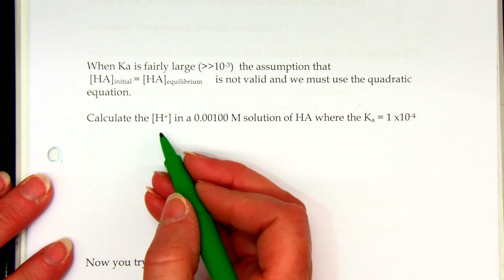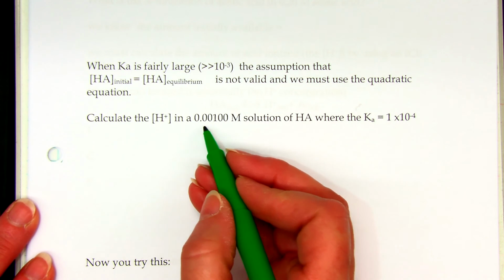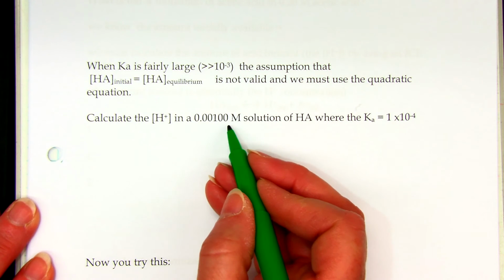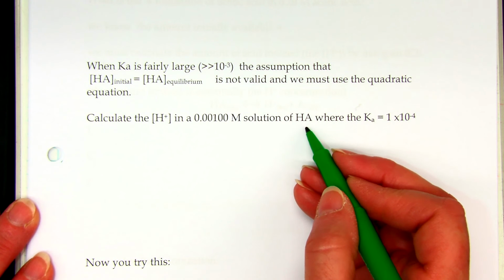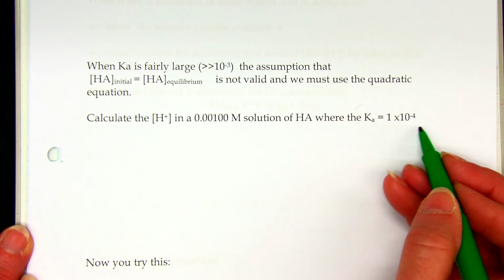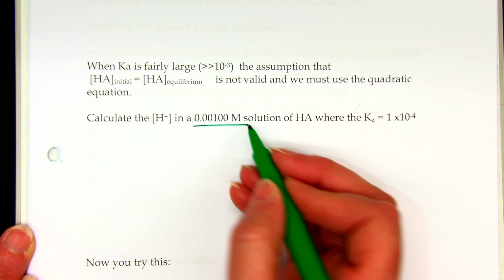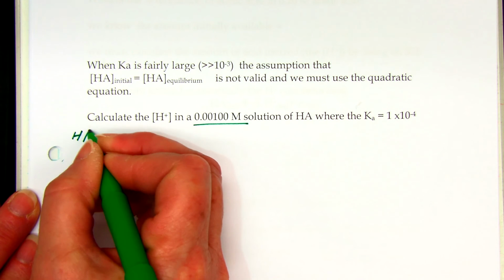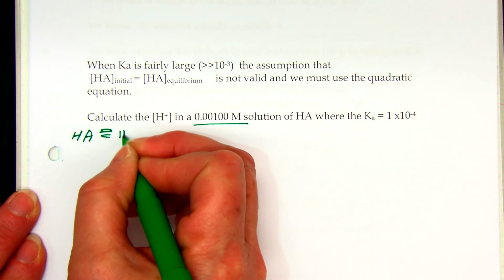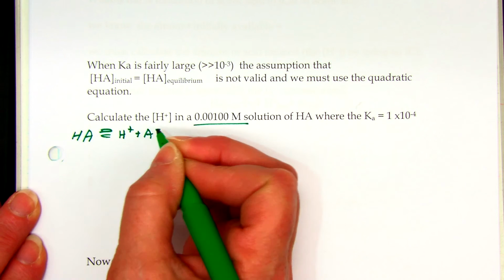So let's calculate the hydrogen ion concentration in a 0.00100 molar solution of some weak acid, which I'll call HA. Doesn't matter what it is. And the Ka is 1 times 10 to the negative fourth, and this is kind of a small concentration. So we do it the same way. HA is in equilibrium with H plus plus A minus.